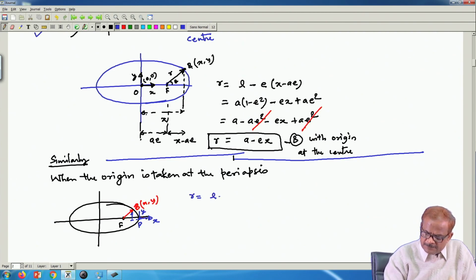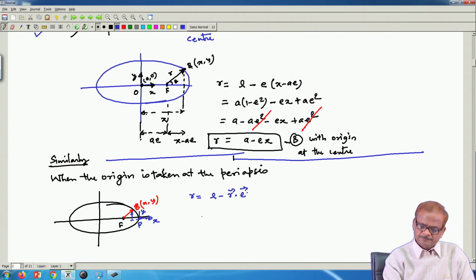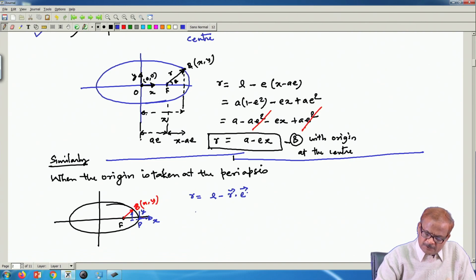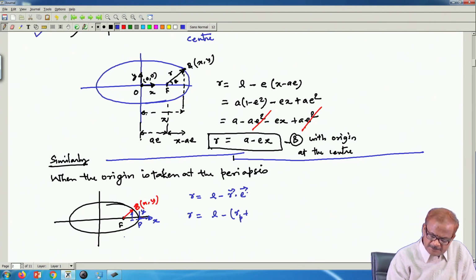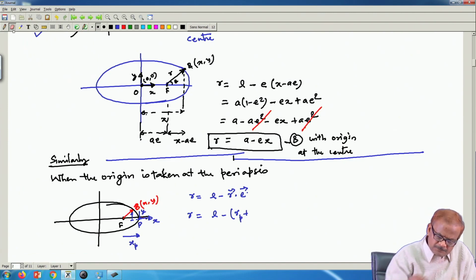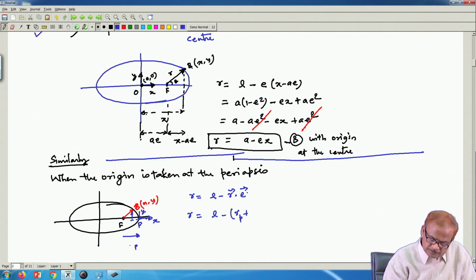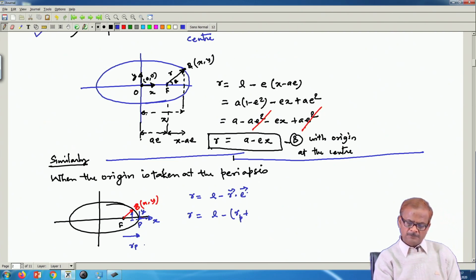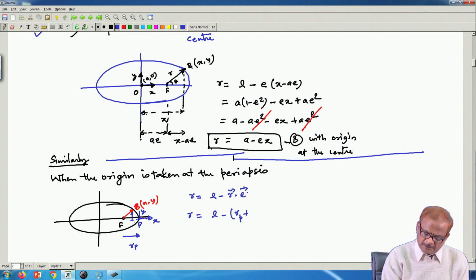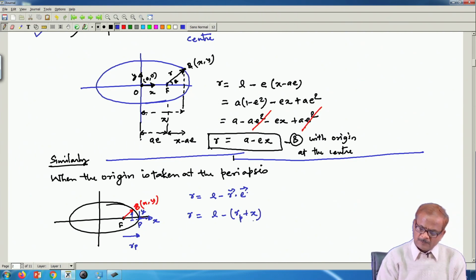But the basic equation remains the same, L = r + e·r cos theta, there is no change in this. So, for this particular case, this r can be replaced by r perigee. R perigee is the distance from this point to this point, and plus x, r perigee plus x.